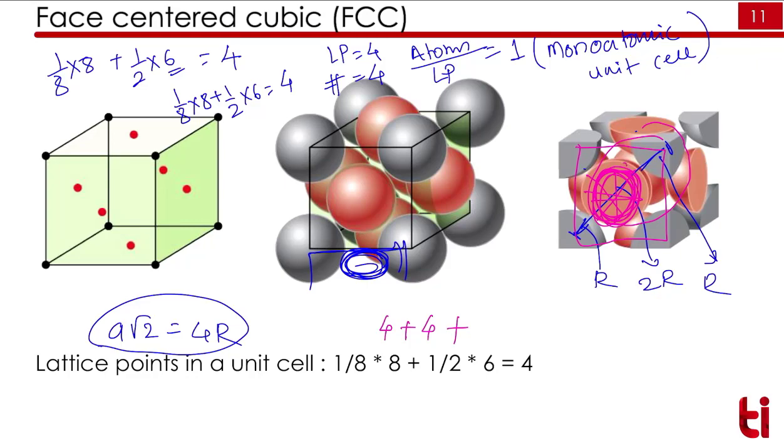If you extend this unit cell, you will get another unit cell on the front side, and that also has this kind of arrangement, so it will again touch 4 atoms. So 4 plus 4 plus 4 equal to 12, the coordination number for FCC.